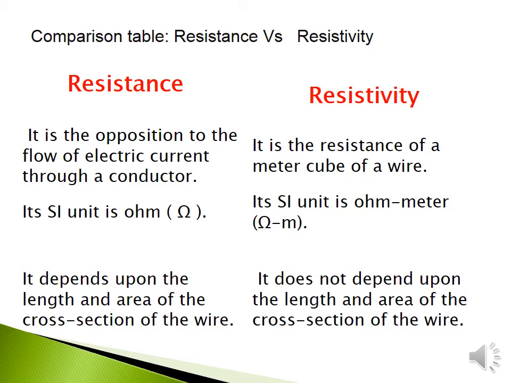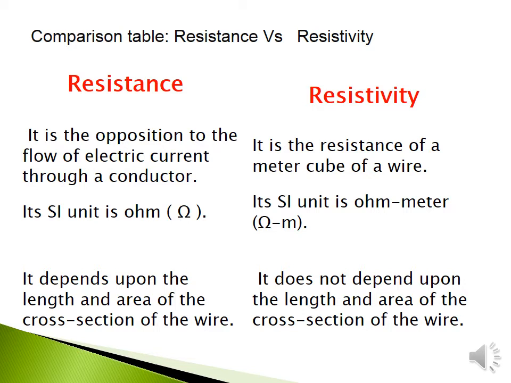Here we are seeing the comparison between resistance of the material and resistivity, that is, specific resistance of the material. Here there are two columns. Resistance is the opposition to the flow of current, as we well know. And resistivity is the resistance of a meter cube of wire. It is a well-defined one.